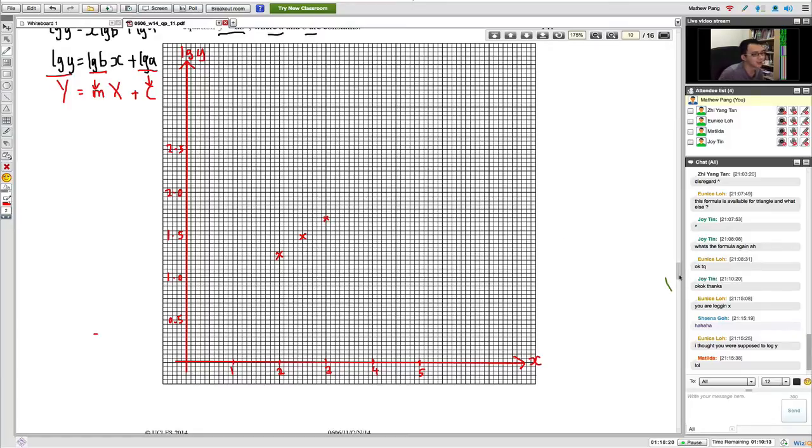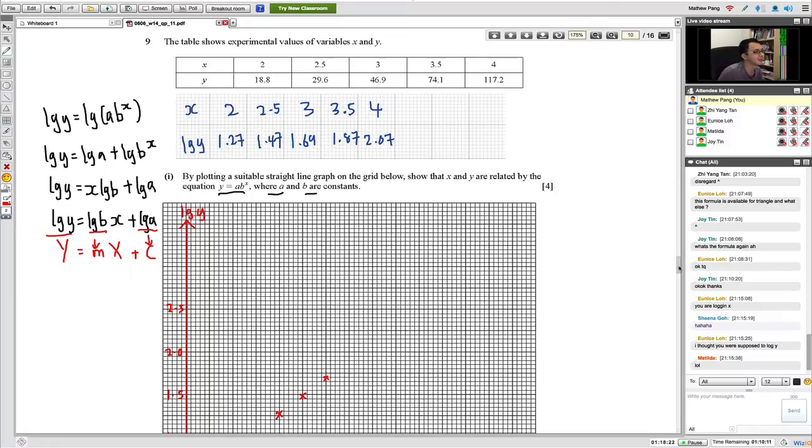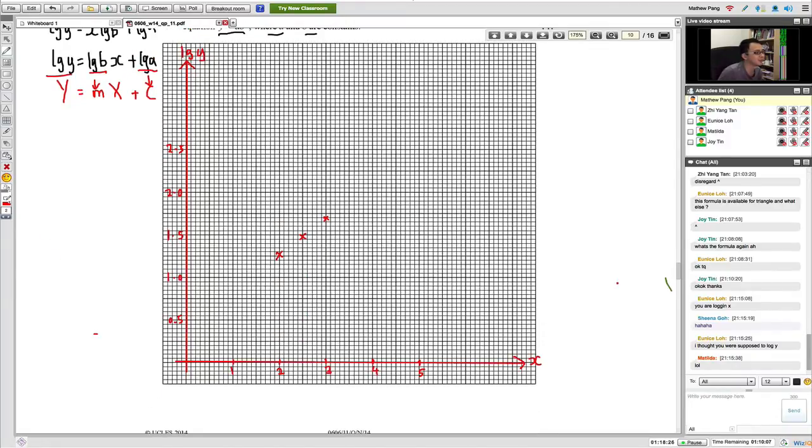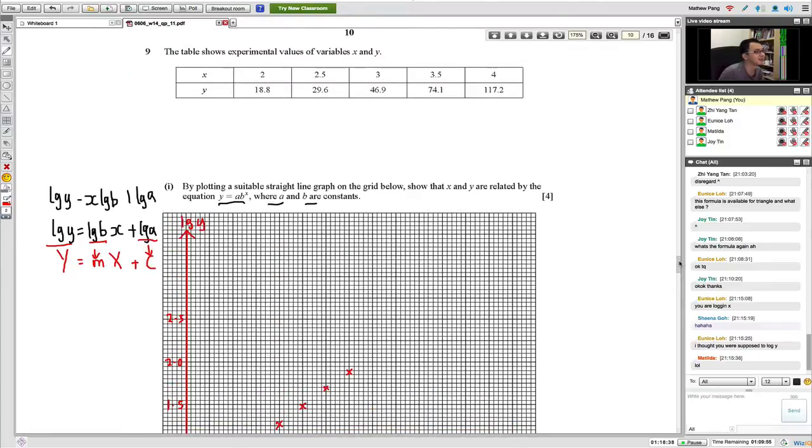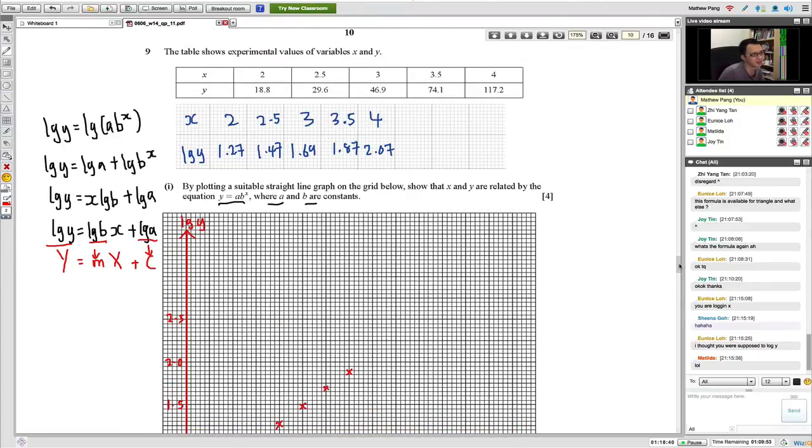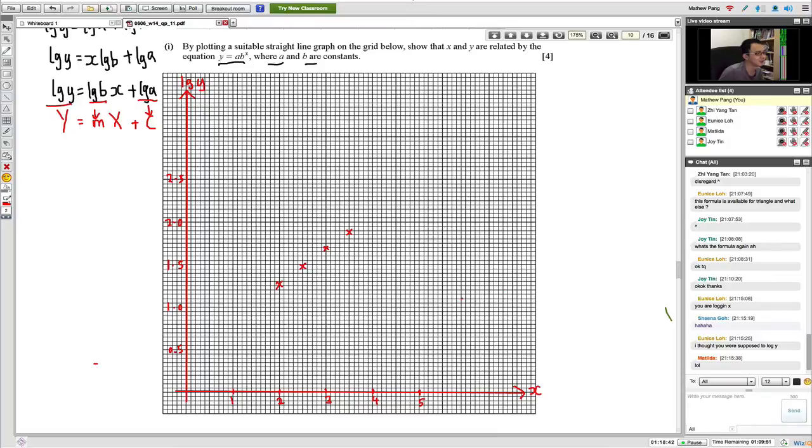Then the next one is 3.5, 1.87. 1.8, 1.85, 1.87 is here. Then the last one, 4 is 2.07. 2.05, 2.07 is somewhere here.